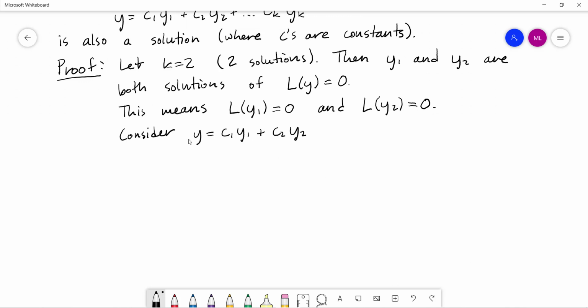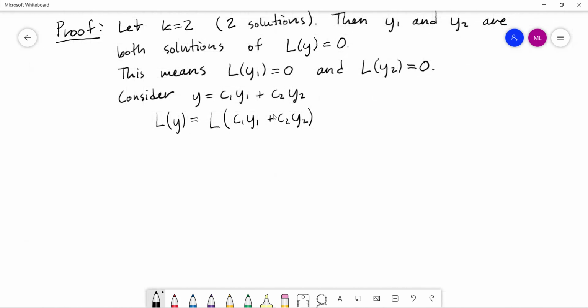So let's see what it looks like if I now try to plug this in as a possible solution of our differential equation. So in this case, we'd have L of y is equal to L of c1 y1 plus c2 y2. But we know that by the properties of this linear operator, I can split that up as separately L of c1 y1 plus L of c2 y2.